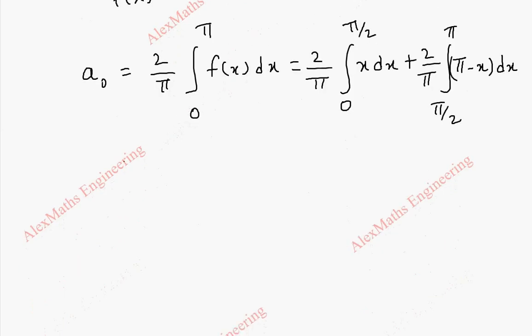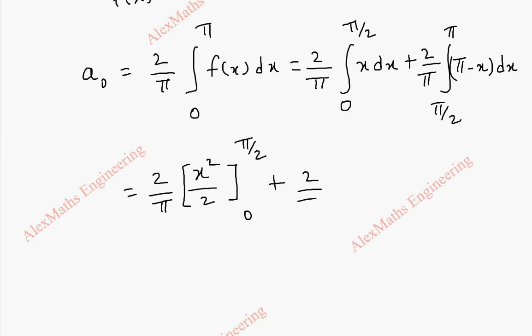Now when I integrate this x, it becomes x square by 2, with the limit from 0 to pi by 2. When I integrate the second part, pi is a constant, so its integration is pi x, and the integration of x is x square by 2, with the limit pi by 2 to pi.